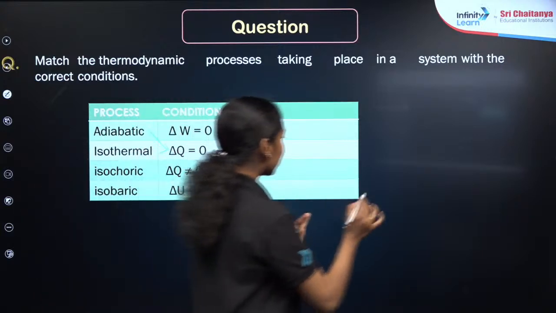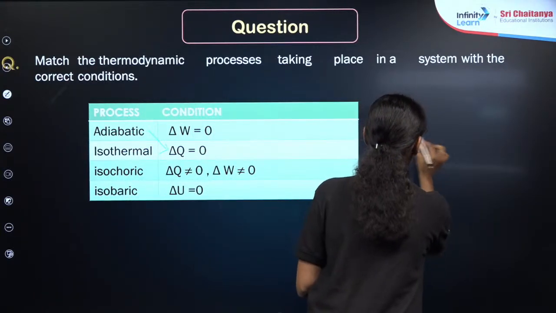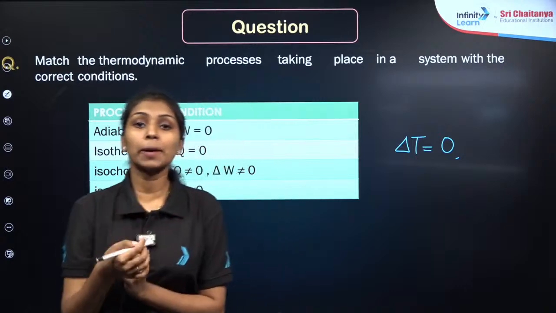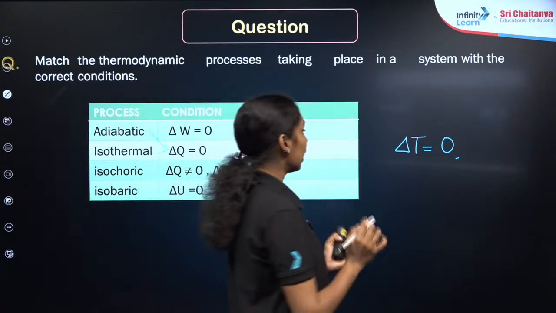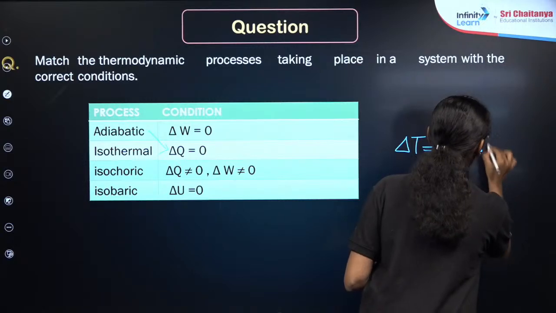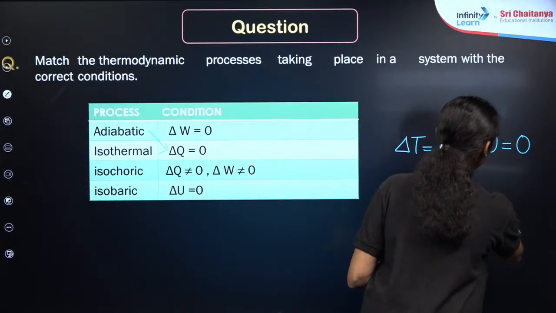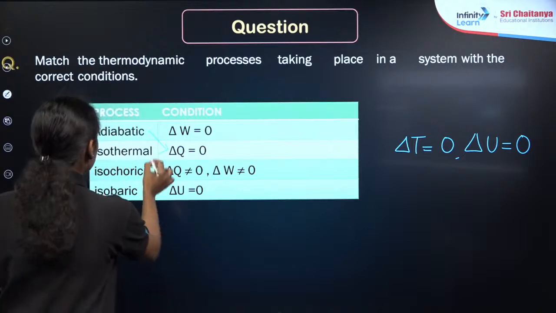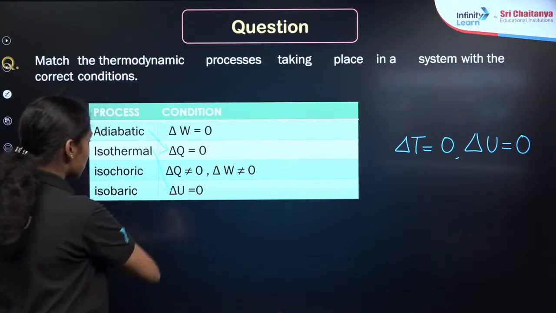Delta T is equal to 0, right? In the next class, you will get an idea about how temperature is related to internal energy. Whenever delta T is equal to 0, delta U should also be 0. So isothermal means delta U equal to 0.